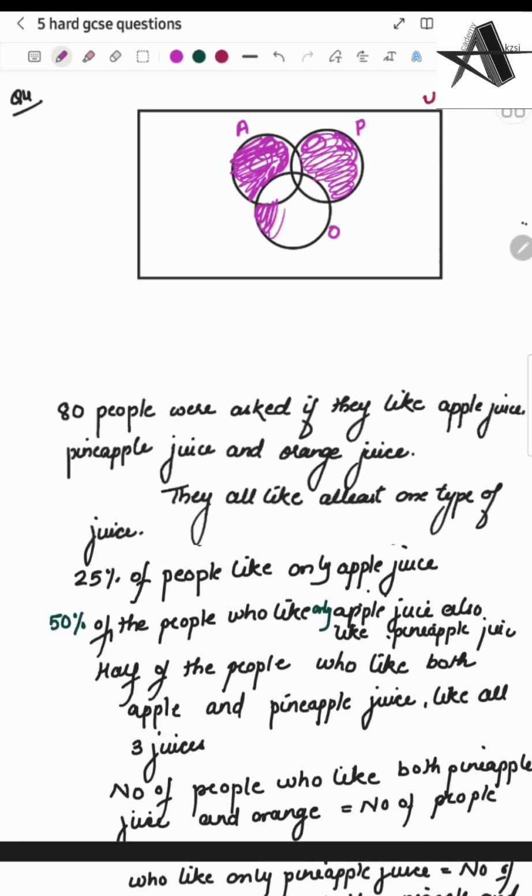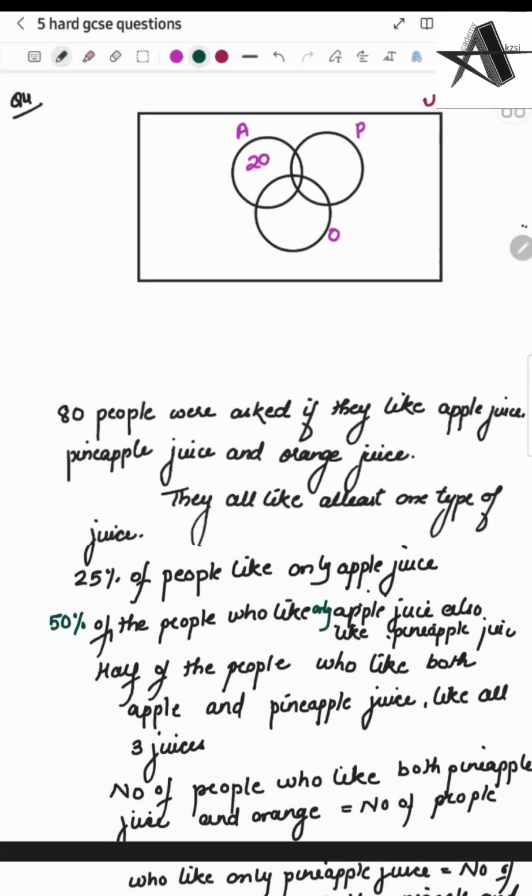And this is the region of only orange. Now, if it's only apple, I have to fill 25%. 25% of 80 is 20. That means I'll fill 20 here. 20 are the people that like only apple.